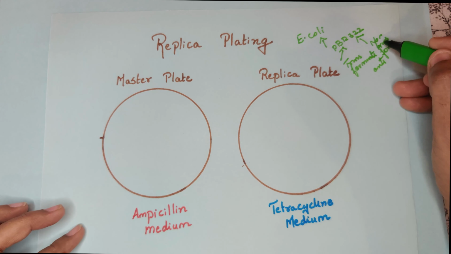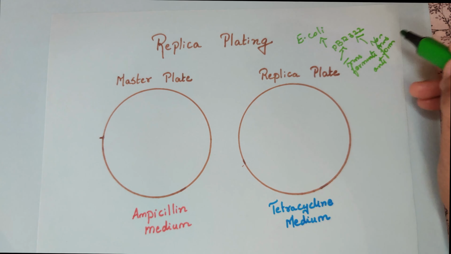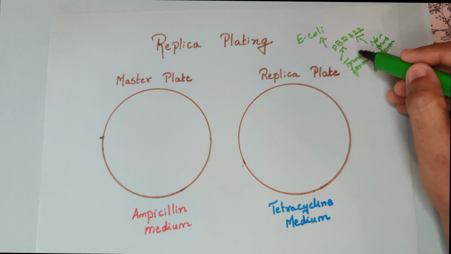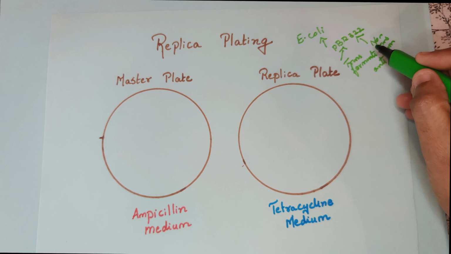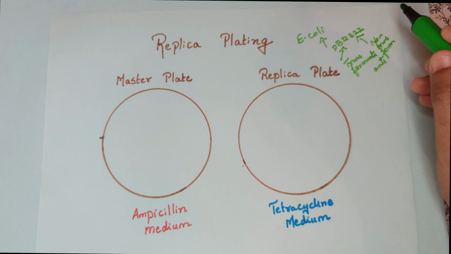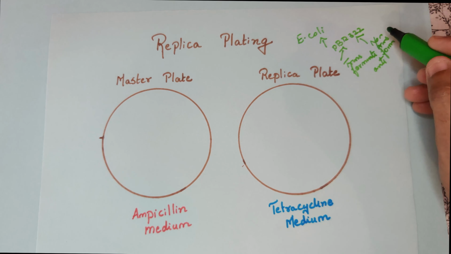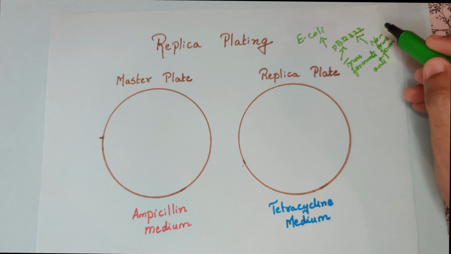They will be non-transformants. Why? Previously we have seen that the ones that contain your desired gene have lost tetracycline resistance. So the ones which have not taken up your desired gene will still have what? The tetracycline gene intact. That is, the resistance to tetracycline is still intact in them.